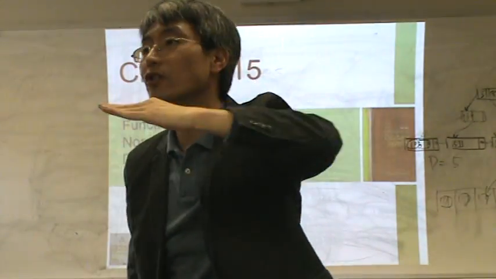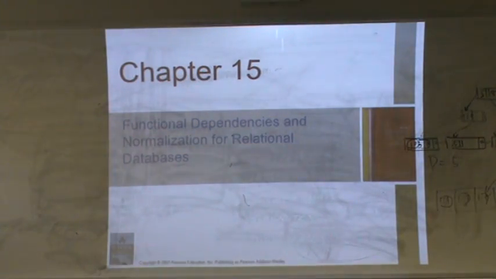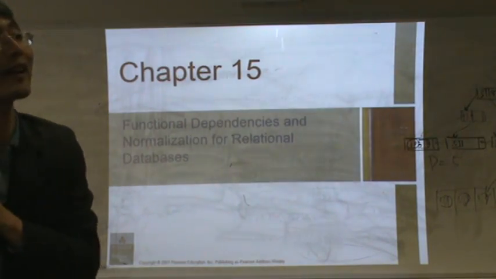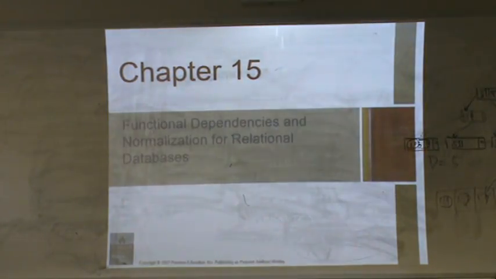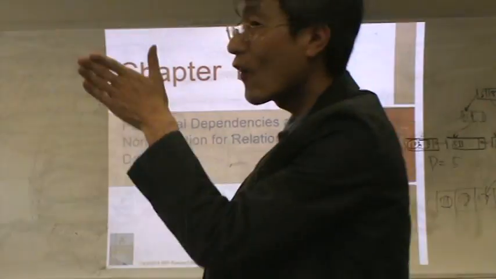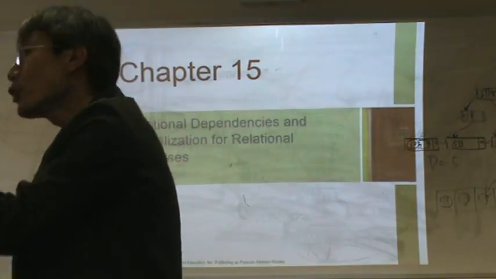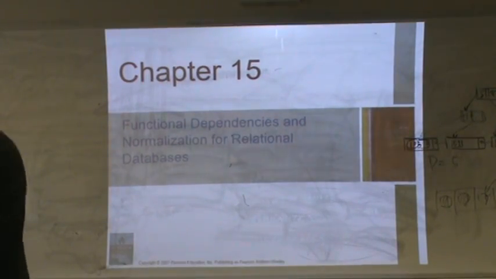By following such rules, we can convert the ER model to the relational model. Then finally, we can create the table, create the index, and insert the data by using SQL, the structured query language.